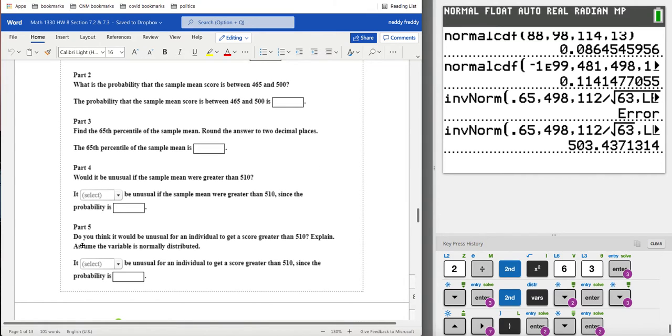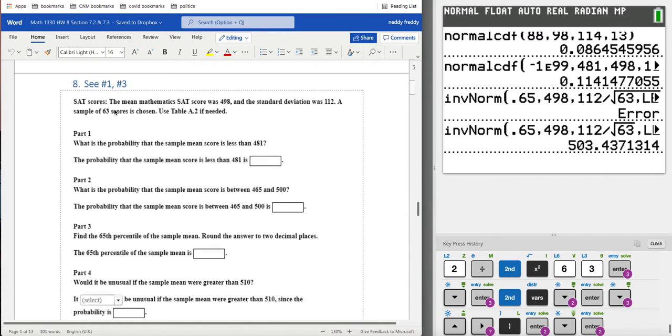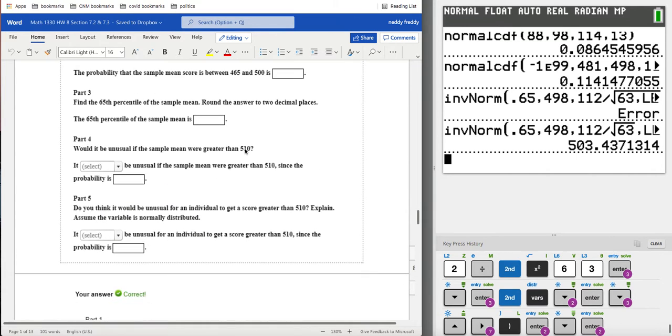And then when you get to part 5, they kind of throw you a loop there. Because now it suddenly is reverting back to being an individual. So just when you've gotten used to dividing by the square root of the sample size, now you're back to talking about an individual, and you no longer have a sample of 63, even though at the top of the problem they're talking about that sample of 63.